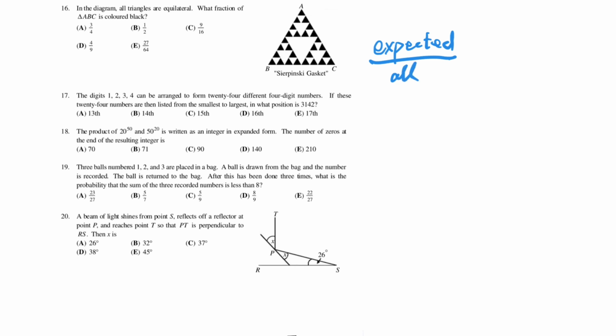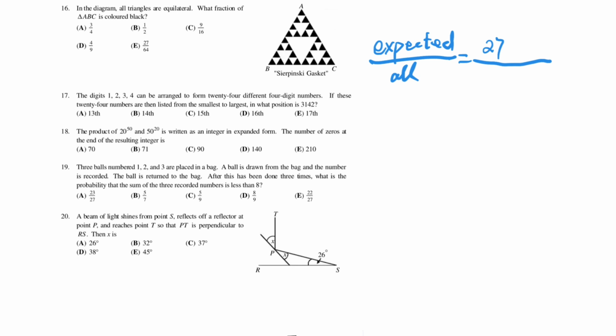So count how many black triangles there are. If we count all of them, we will find that that's 27. So just counted 27 black triangles. And what's the area of this one?